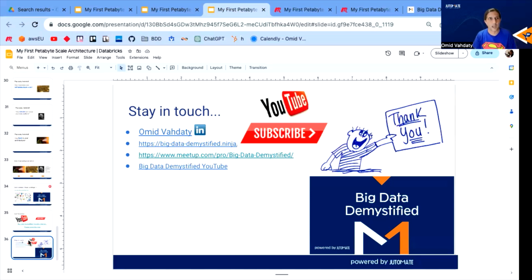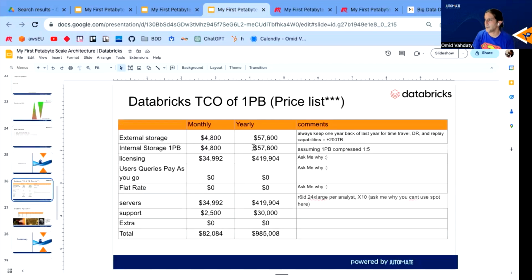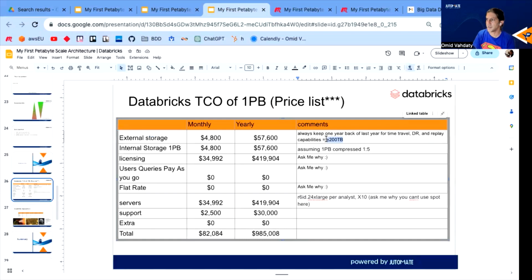Questions before we wrap up? Nitin asked about the TCO values. I tried to explain them. The idea is, let's go over it quickly. For 1 petabyte, you just go to the AWS calculator and calculate 1 petabyte worth of storage on S3, but I applied compression of 200 terabytes instead of 1 petabyte.